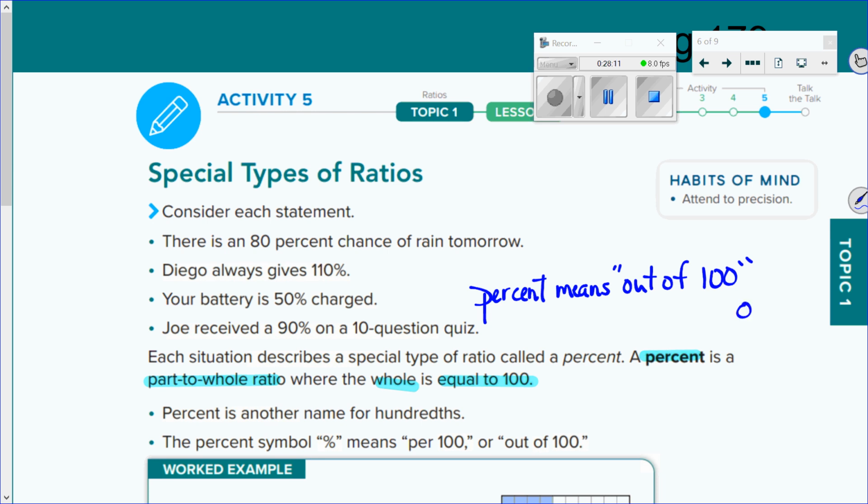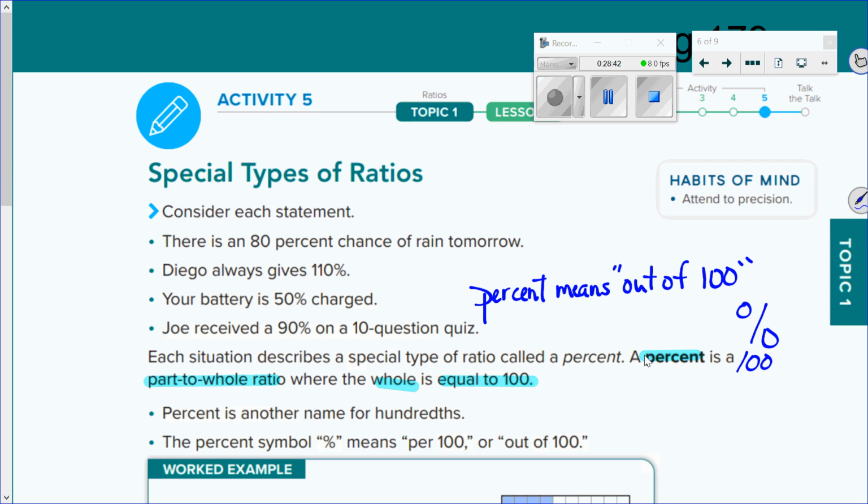Ironically, if you actually look at the percent sign, it gives you the definition. Because look what the percent sign is. It is a 1 with 2 zeros. It just puts the 1 between the 2 zeros. So it means out of 100. The percent sign has the 100 right there.